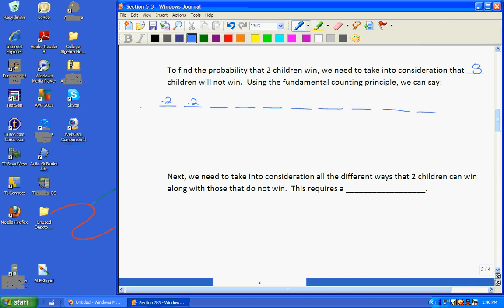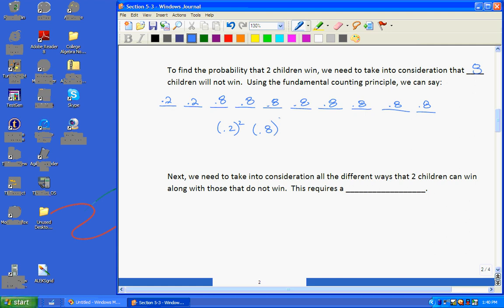Well, the next 8 kids will not win, and the probability that they will not win, if we do 1 minus 0.2, is 0.8. So we can write that a little bit neater and say 0.2 raised to the second and 0.8 raised to the 8th. Let's see what that gives us.